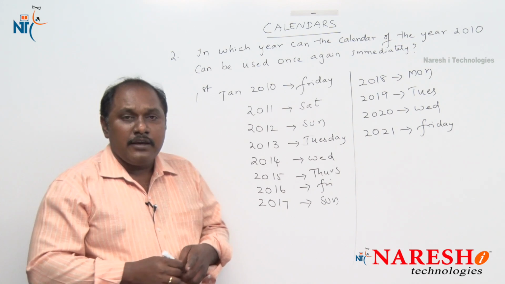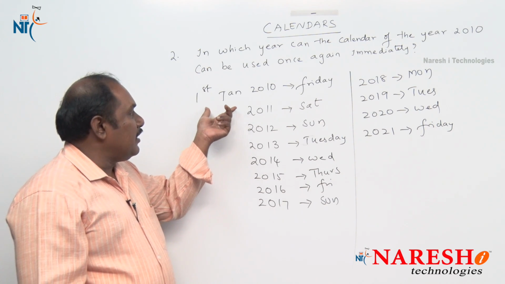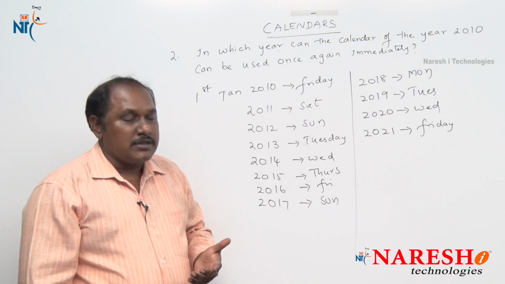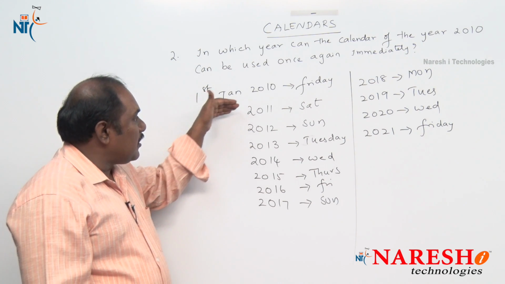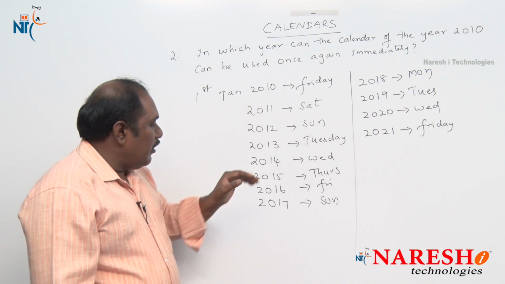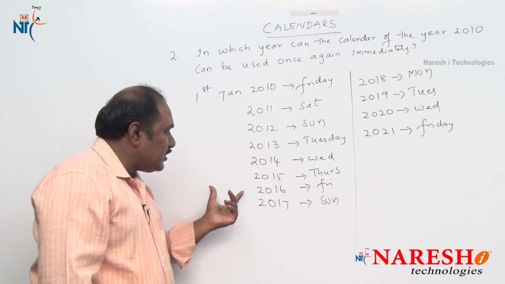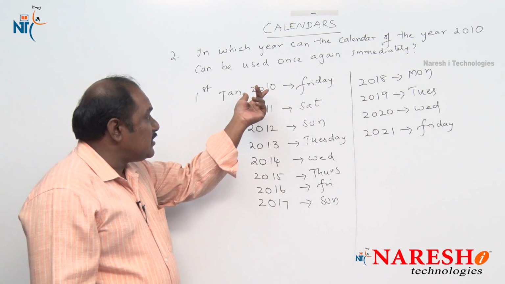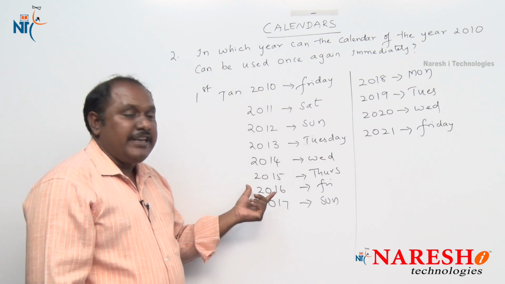Now if you look carefully here, I want to use the calendar of the year 2010 once again immediately. In which year can I use this? 1st January 2010 is on Friday. We can also see here that 1st January 2016 also falls on Friday. But can I use this 2010 calendar in 2016?